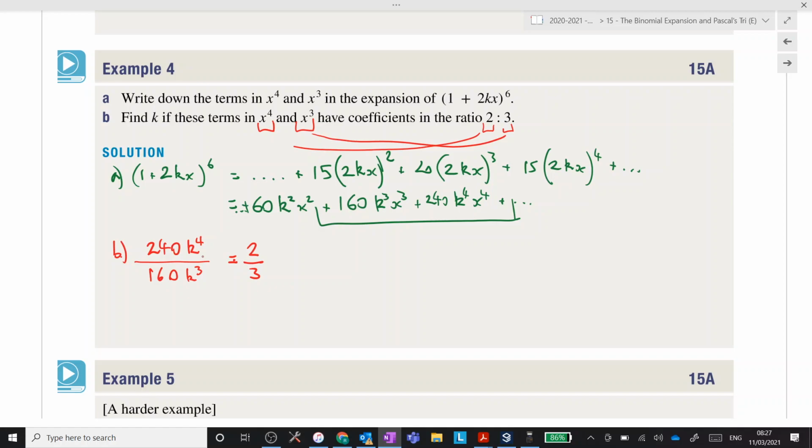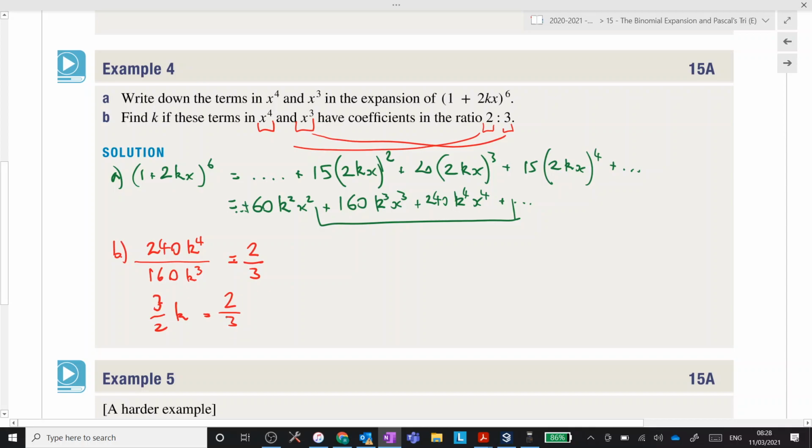Yeah. Find k. Okay, so we're trying to find k. So now what do we do? Yes, that's right. We simplify the fraction. So we get 3k over 2 equals 2 over 3.